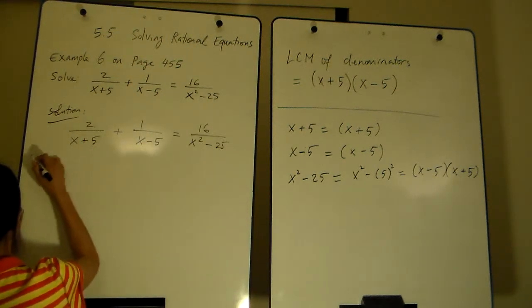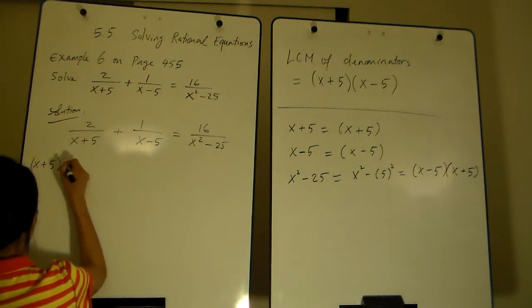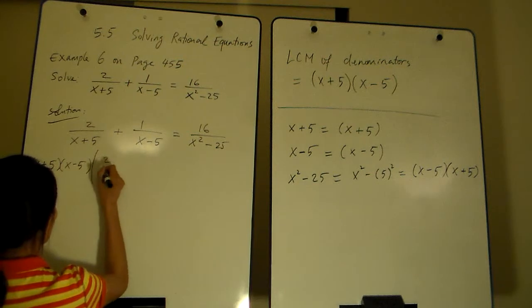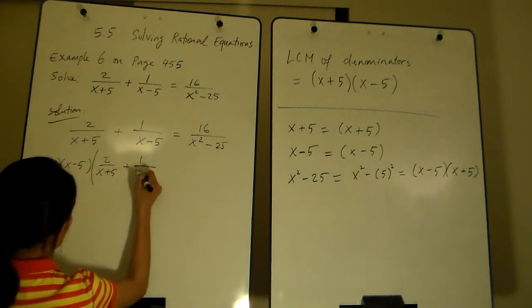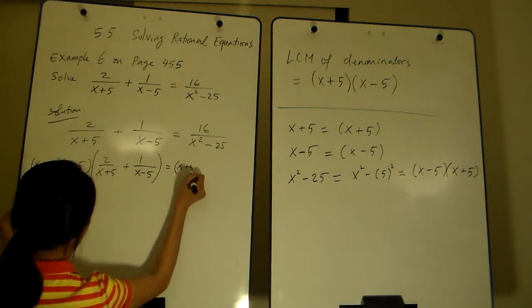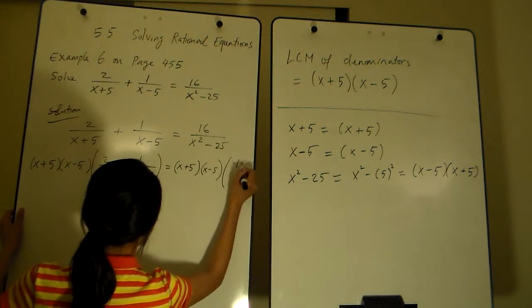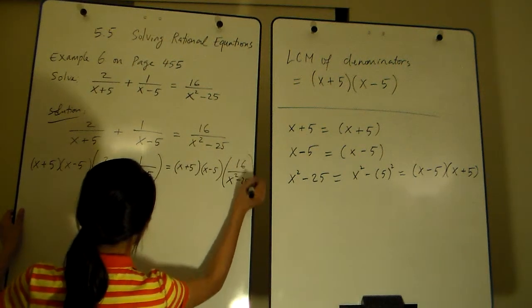Multiply by the LCM on both sides: x plus 5 times x minus 5, times 2 divided by x plus 5 plus 1 divided by x minus 5, equals x plus 5 times x minus 5 multiplied by 16 divided by x squared minus 25.